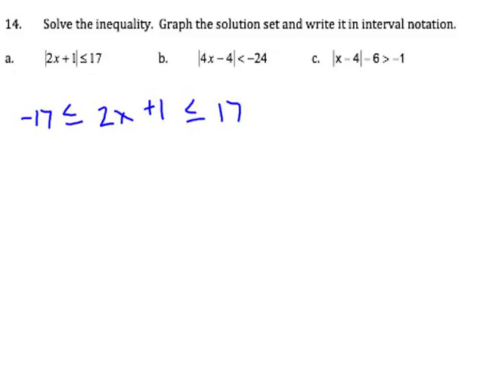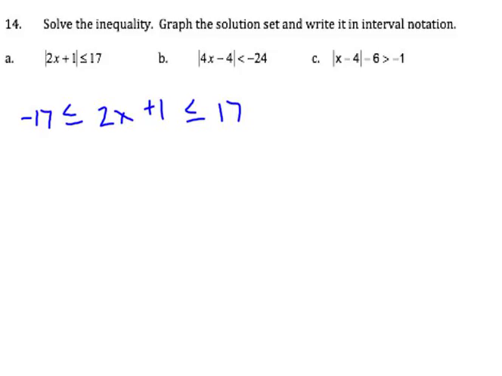Okay, I've written that compound inequality as one compound inequality instead of two separate inequalities. Remember what we did before was we took the case where I took what was in the absolute value sign and I set it less than or equal to 17, and I have that right here.